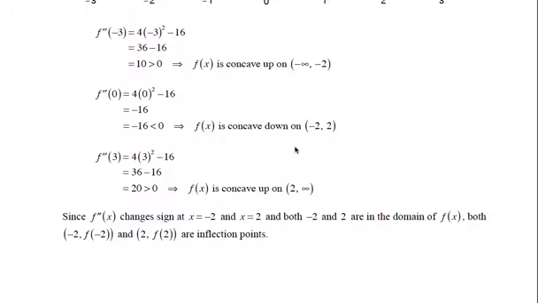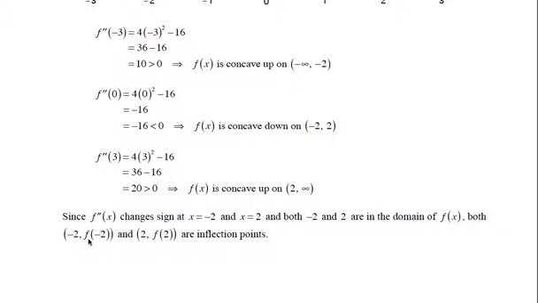All right, so there we go. Concave up on -infinity to -2, concave down on -2 to 2, and concave up from 2 to infinity. And finally, since the second derivative changes sign at -2 and at 2, and both -2 and 2 are in the domain of the function, both -2 and f of -2, and 2 and f of 2, are inflection points.